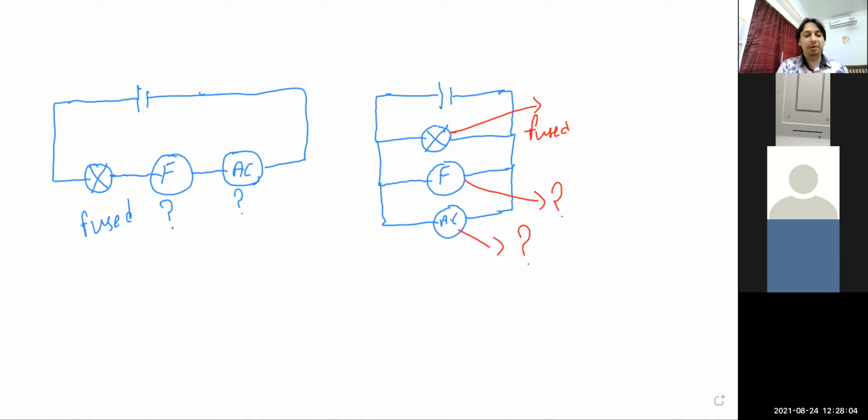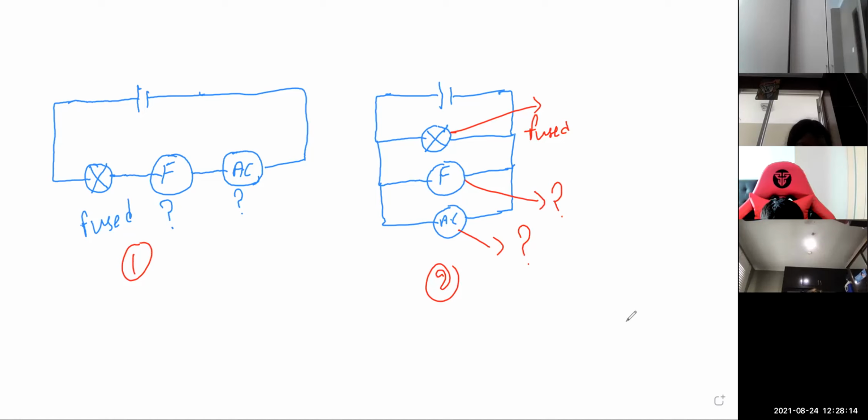What happens in diagram number 1? Sir, could you repeat the question? The question is, if one of the bulbs, actually any of the components, gets fused or spoiled, whether the rest of the components keep working, keep operating, or they stop working in diagram number 1.